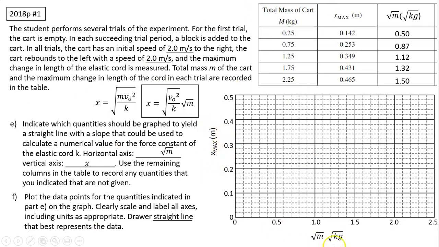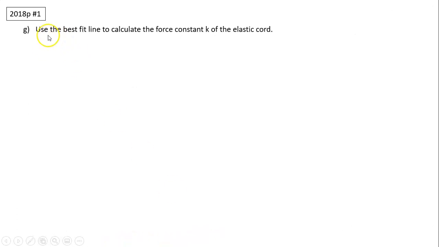Remember, you have your units. Make sure you label your axis. Next, carefully put all the points on the graph and then draw the best fit line. Your best fit line should be close to all the data and should have some points above and some points below. Last part, use the best fit line to calculate the force constant k of the elastic cord.